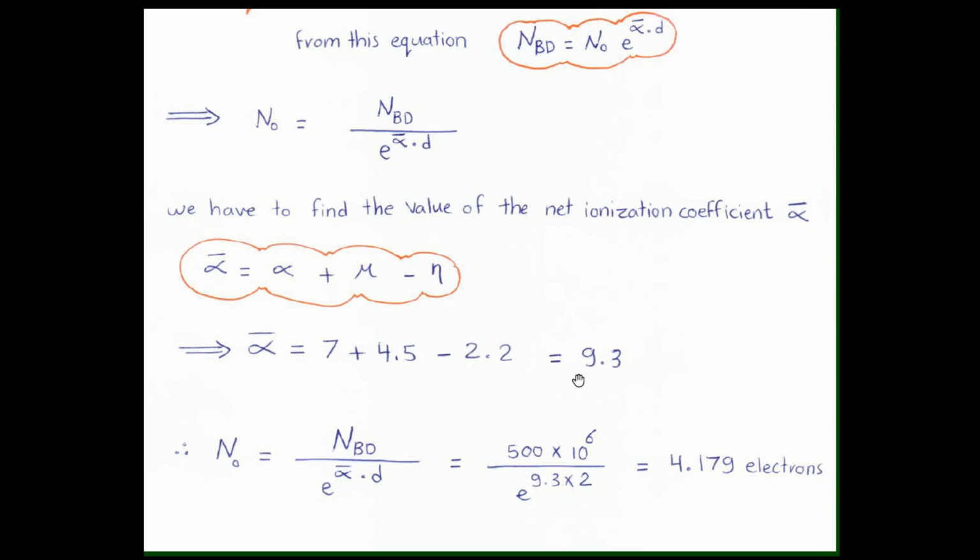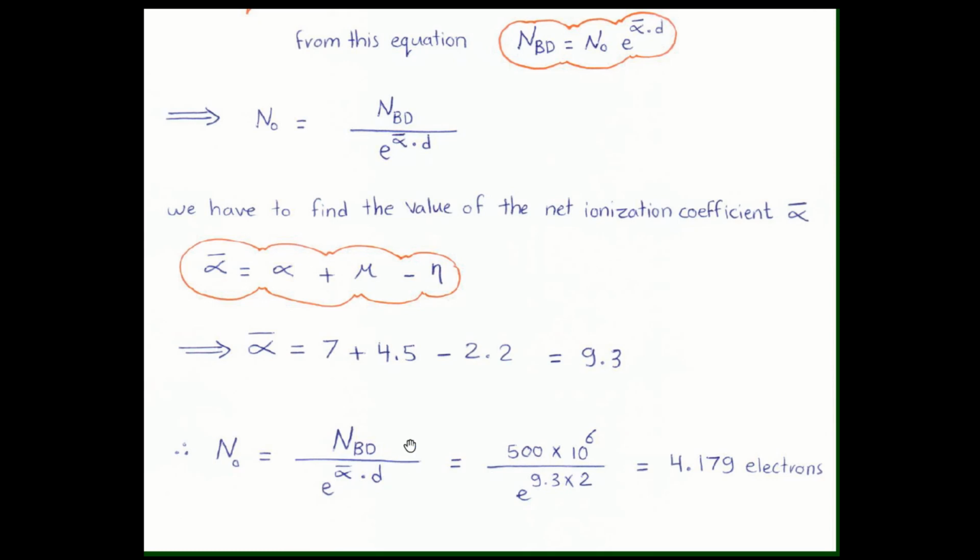Now, since we have the value of net ionization, we can use this formula because we have all the values. We have the value of NBD, divided by e to the power net ionization, and we have the distance value.